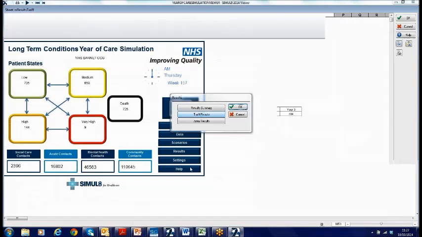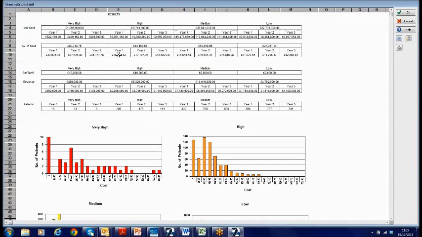You can drill down now to compare that with your tariff. So what we've got here is, again, the total cost for each state, and then what that means in year 1, year 2, and year 3. The average patient cost for the 3 years, and the average patient cost in year 1, year 2, and year 3, and then the tariff that you set. So in actual fact, the cost for these particular patients is way outstripping the tariff that you've set.